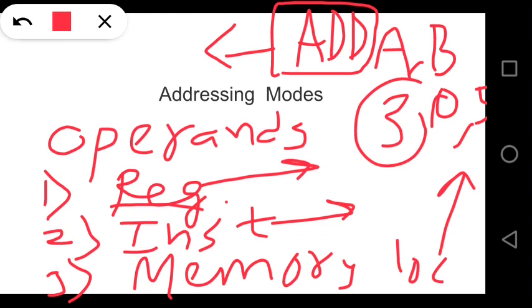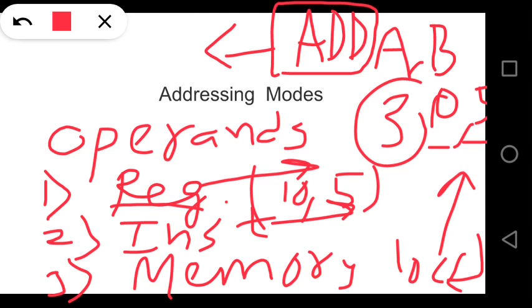If I say add A comma B, A and B can be registers, where the registers directly contain the value 10 and 5. That is one possibility. Or these 10 and 5 values can be in the memory. In that case, A and B are still registers.